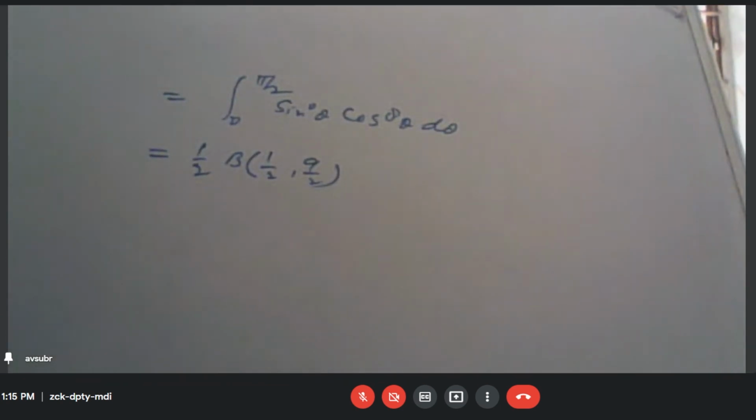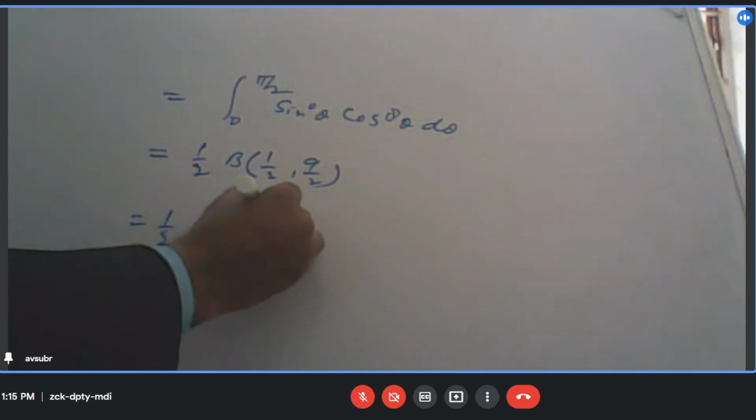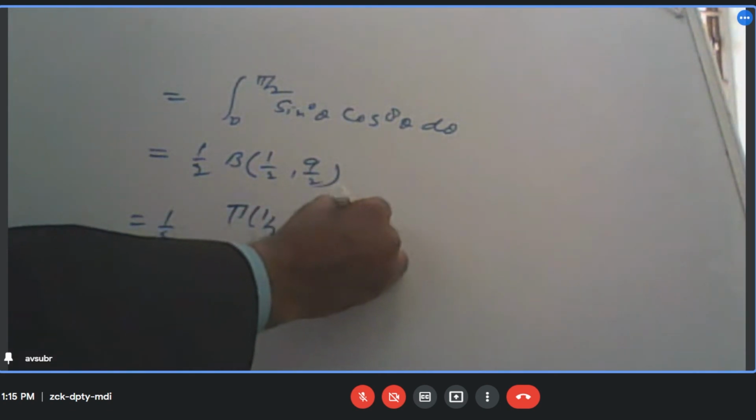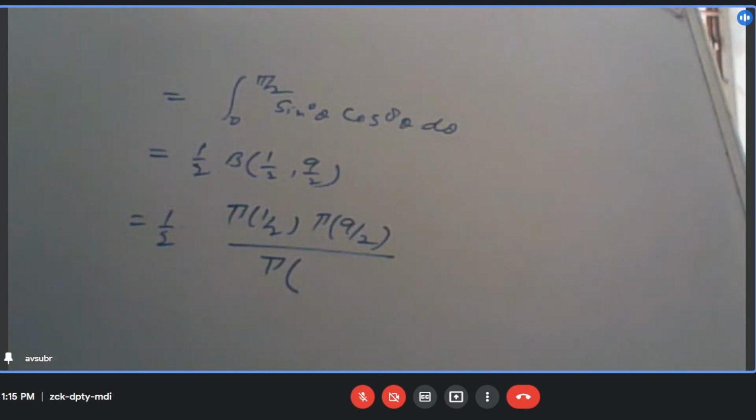Yes sir. So this will be 1/2 beta 1/2, 9/2 is gamma 1/2 into gamma 9/2 by gamma 1/2 plus 9/2, 10/2. ठीक है? राइट? Yes sir. सॉल्व करो इसको.